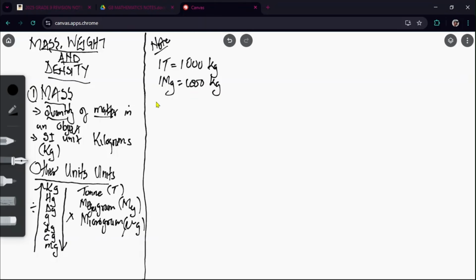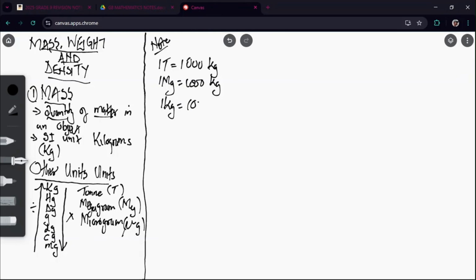So simply it means that ton and megagram mean the same thing. Ton is a unit for measuring large weights. We use them to measure very huge weights.